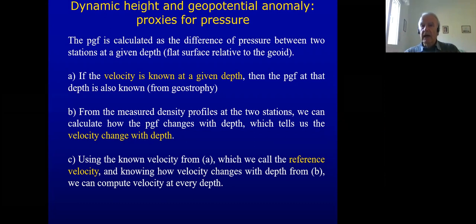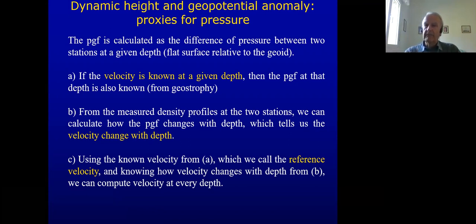Then we know how the velocity changes with depth, and from that we compute the velocity at each depth. So you measure it at a certain depth, you put your instrument, you measure your velocity, and then doing these calculations of the vertical shear, you reconstruct the velocity all over the water column. Always talking about the geostrophic flow.